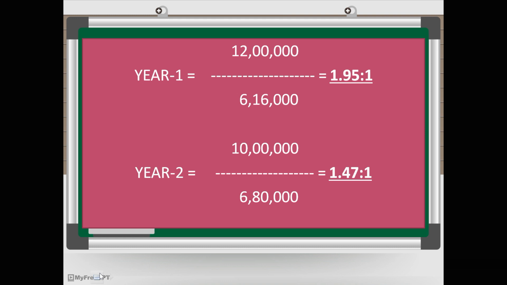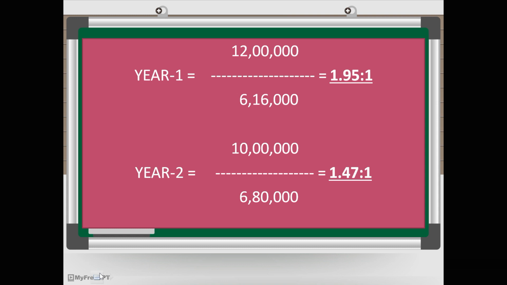What about the second year? Sales 10 lakh, divided by total assets 6,80,000, which gives us the ratio at 1.47 is to 1.